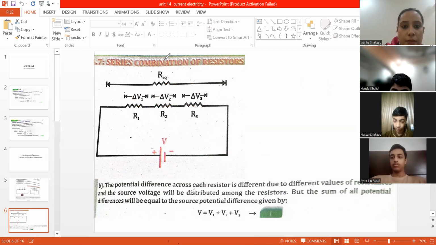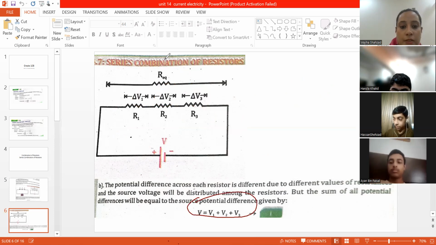As we know the voltages are different, we can take the equation V equals V1 plus V2 plus V3. Keep in mind that the current flowing in a series circuit of resistors should be the same, but the potential difference will be divided across each resistor because the resistor values are different.